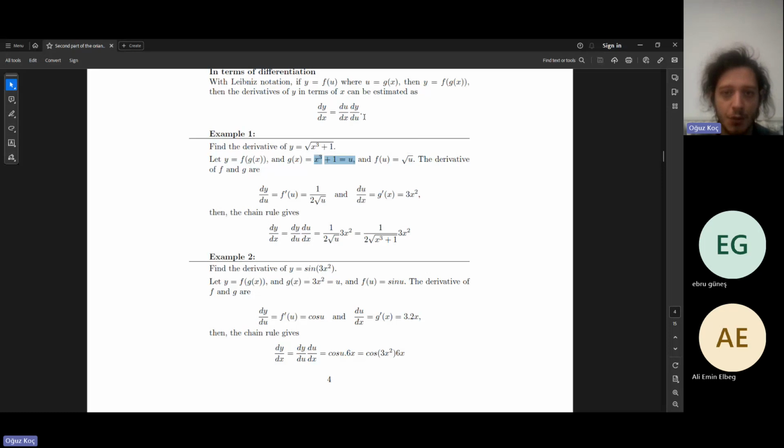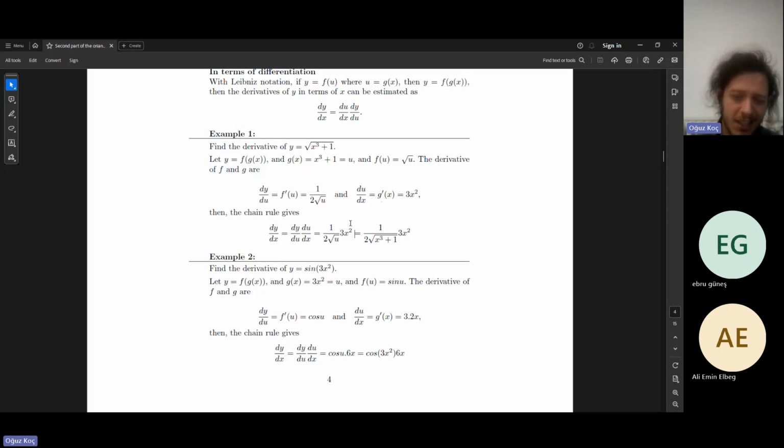And then we just use the chain rule here, putting the corresponding values in the appropriate places. We already calculated the derivative of f in terms of u, and then we just put 1 over 2 times the second root of u times the derivative of g.